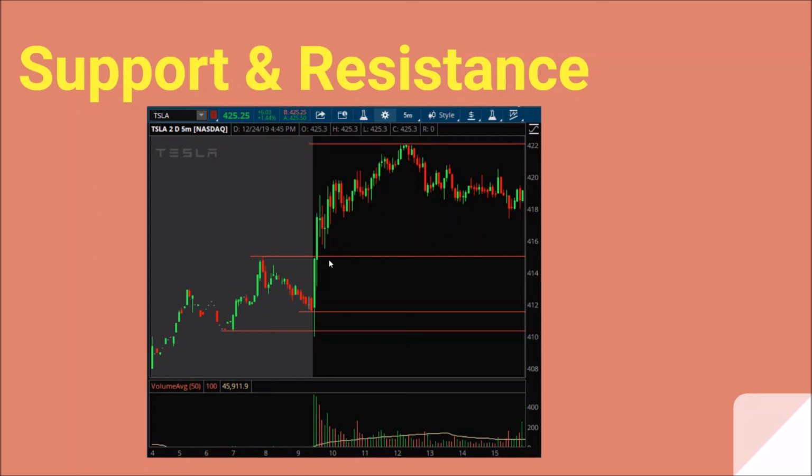But again, we may have to use the support and resistance with some other indicators to clearly identify where we can exit, or where to stop out.